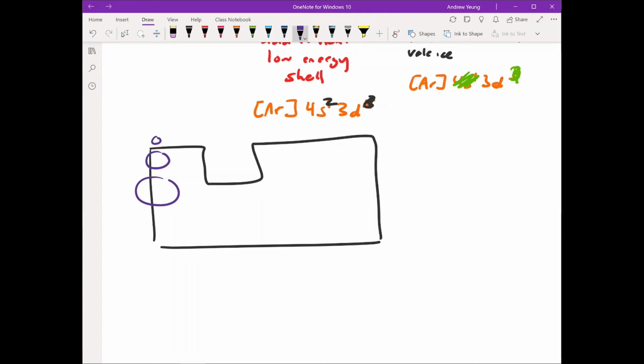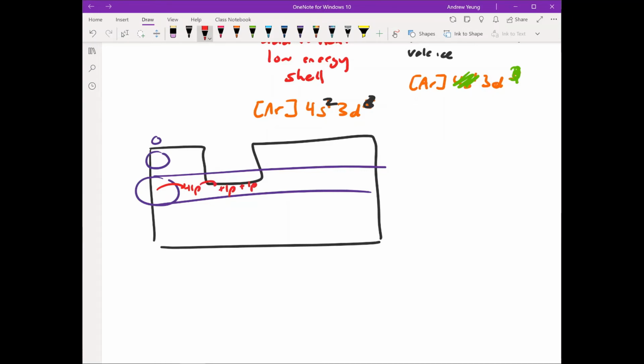Maybe a little bit less obvious here is going to the right. As I go to the right, I'm looking at elements that have the same number of shells. However, what's happening is every time I skip over to the right, I get an extra proton. So +1 proton, I add another 1 proton, +1 proton.